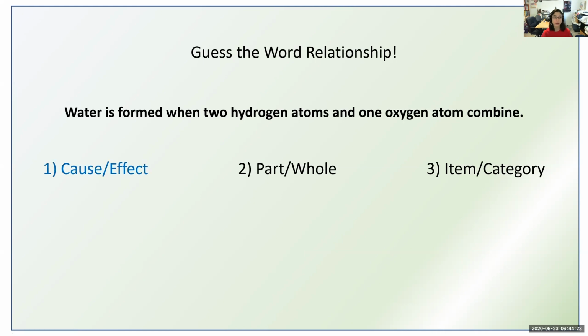And for this one, it is going to be a cause-effect because the effect is that water is formed, and what caused that water to be formed? The cause was the two hydrogen atoms and one oxygen atom combining. So this one is going to be a cause-effect.